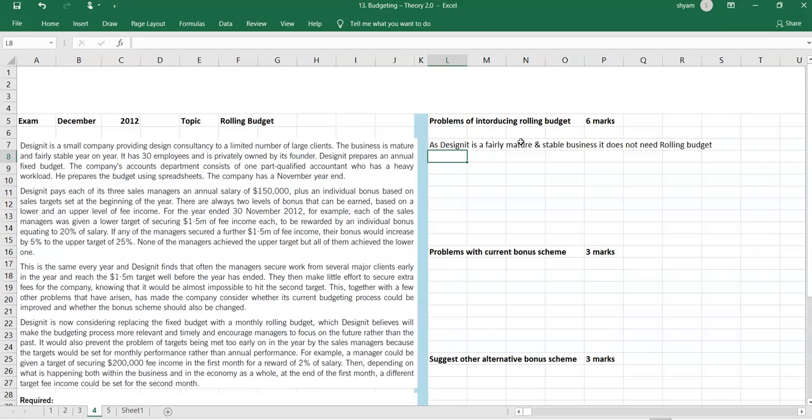Number two is, rolling budget takes more time and cost to install or to operate.